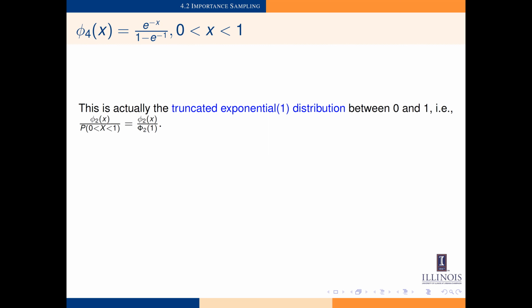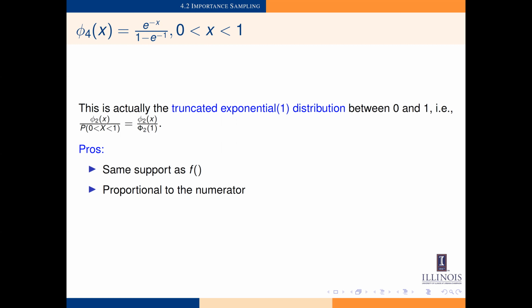In other words, this density is essentially the conditional density of phi 2, the exponential 1 density, conditioning on x being between 0 and 1. So this is actually equal to phi 2 of x divided by large Phi 2 of 1, which is the CDF of the exponential 1 distribution, evaluated at x equals 1. It has a lot of advantages.